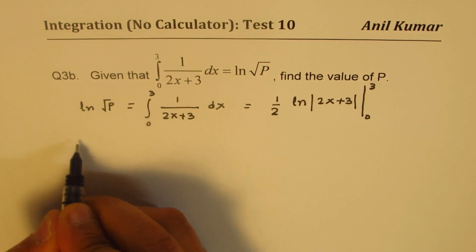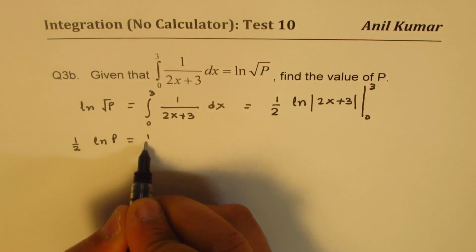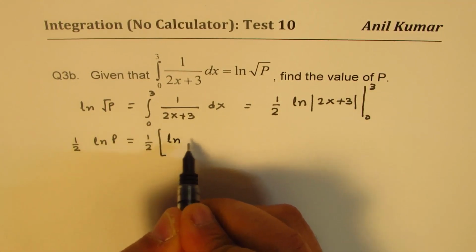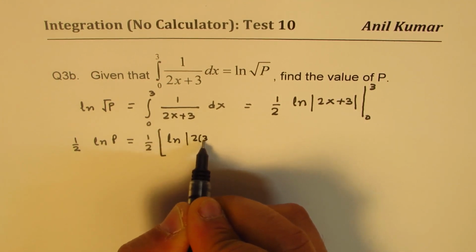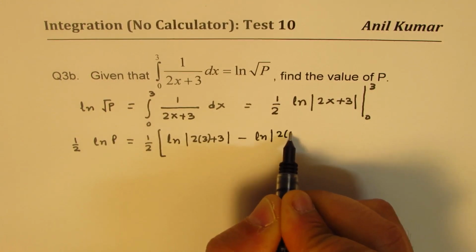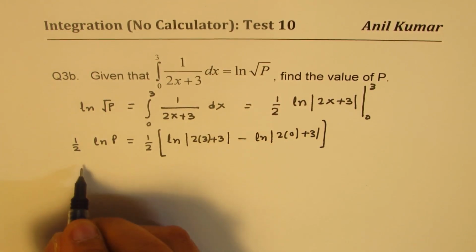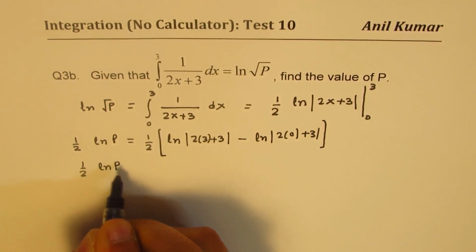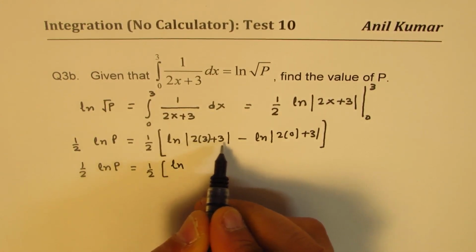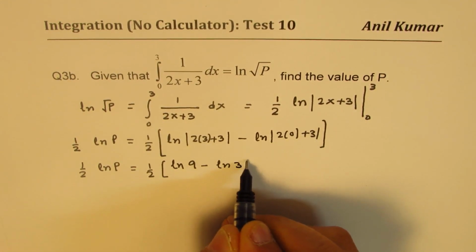So ln square root p can be written as half ln p, and here we have what? We have half, let's put brackets, ln absolute value of 2 times 3 plus 3 minus ln absolute value of 2 times 0 plus 3. Correct? So we get half of ln p equals half of, so this is ln of 6 plus 3 is 9, minus ln 3.